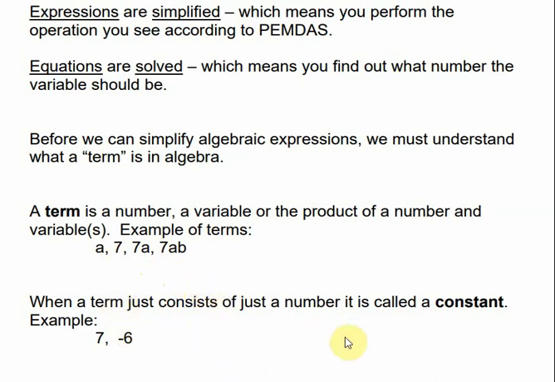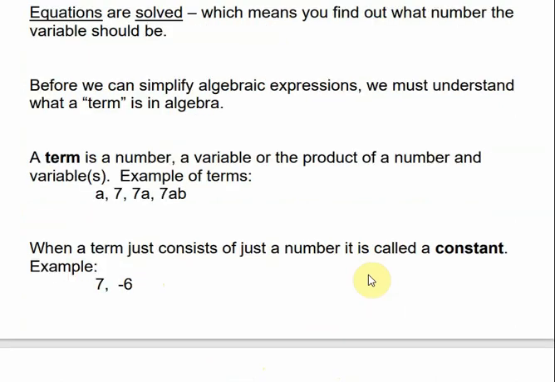When a term just consists of a number, it's called a constant. So here are some examples of constants. 7, negative 6, those are constants. When you think about the word constant, what does that mean? It means it doesn't change, right? So the reason that we call numbers constants is because 7 is always going to be 7.